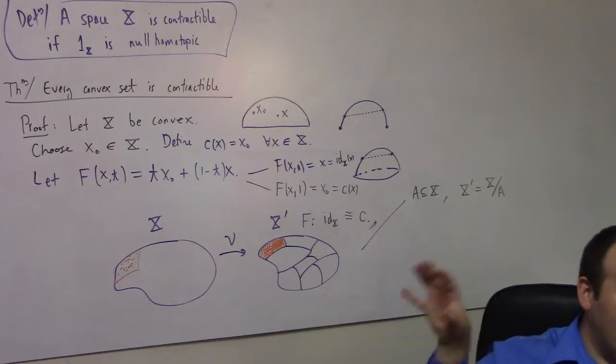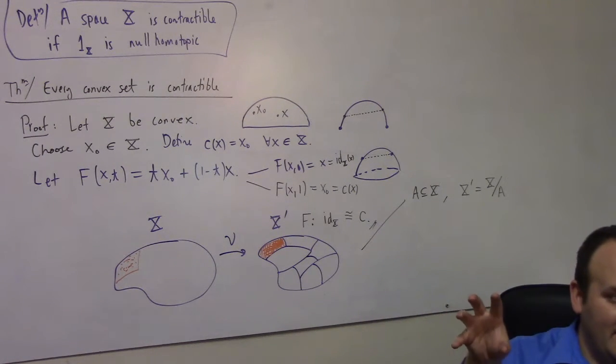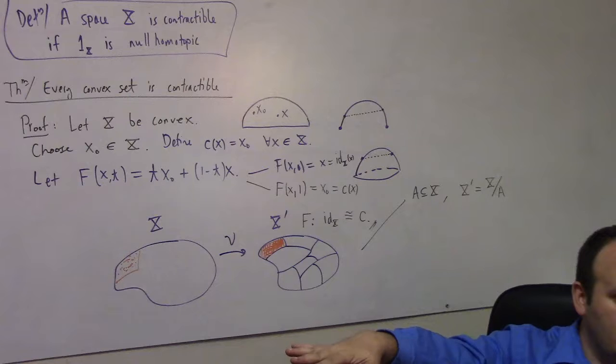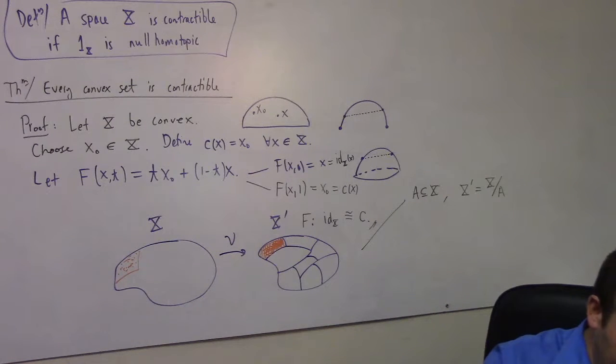So basically what this is doing is it's just squashing A to a point in the quotient, and all of the other points are left alone. They still exist.